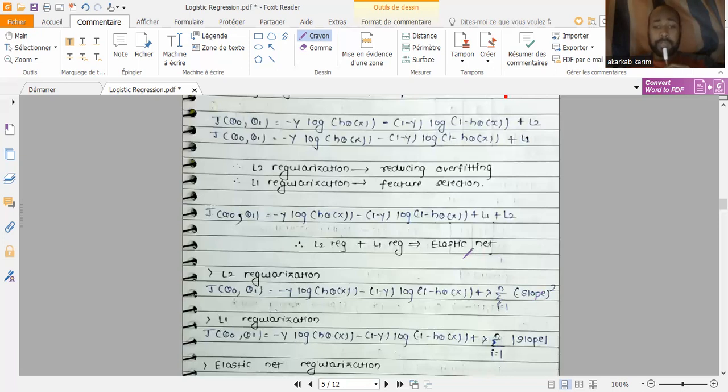So as we know, if we consider this equation, y equals theta 0 plus theta 1 times x. Sorry for my writing, I have an electronic pencil and it's not clear, but it's okay.